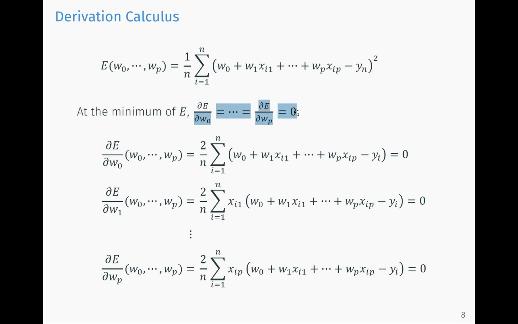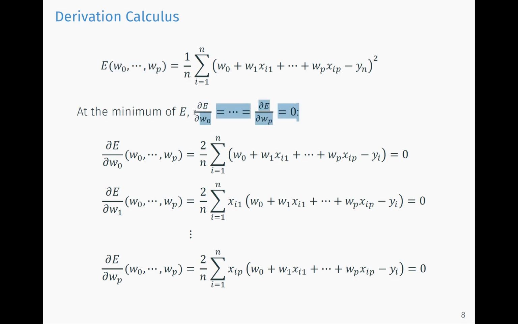We have a function of our model parameters that we want to optimize, and we have the error function, the loss function, for that. To find the minimum, the necessary condition is that the gradient of that function with respect to the parameters is null.